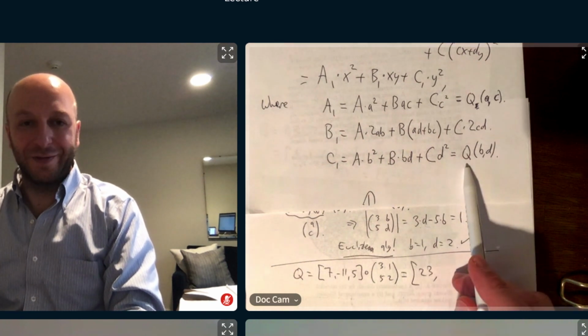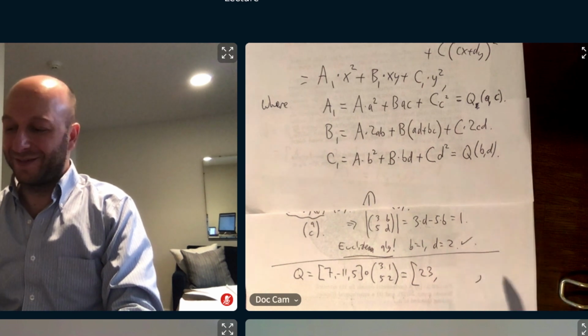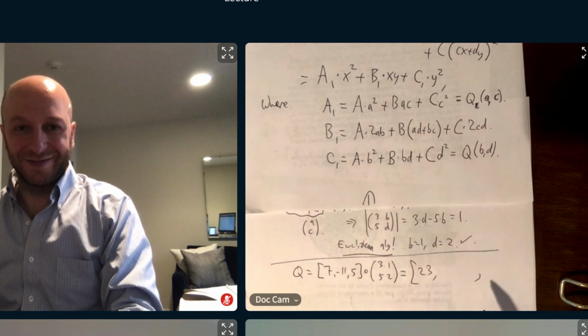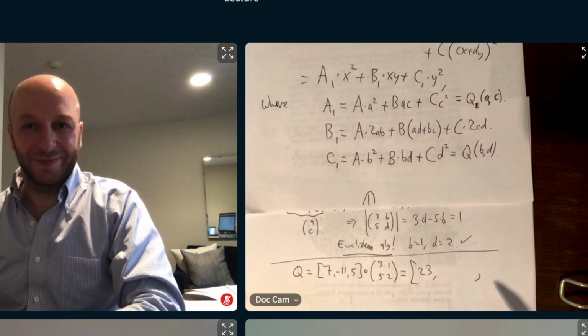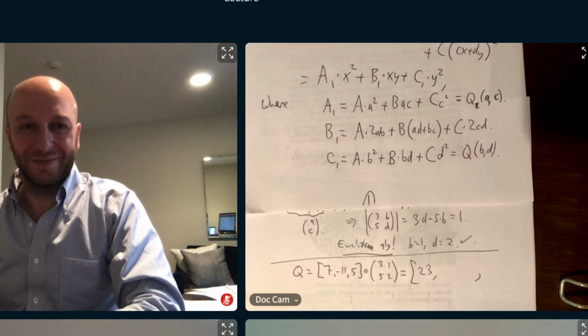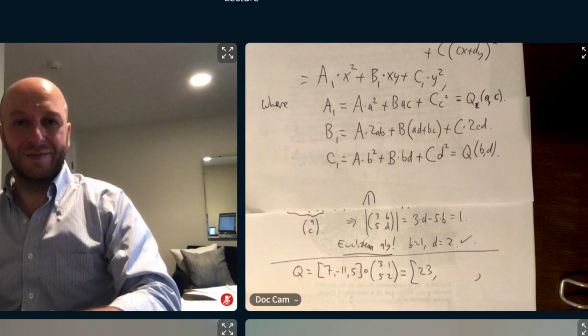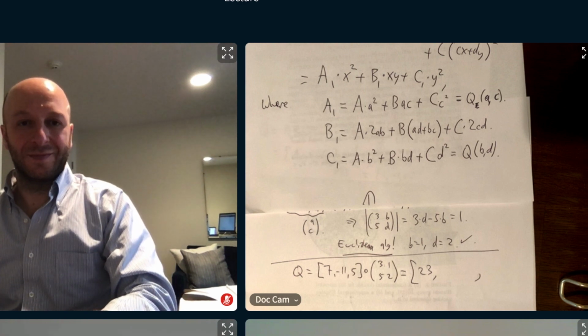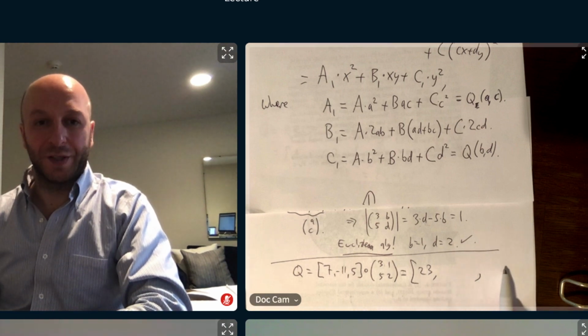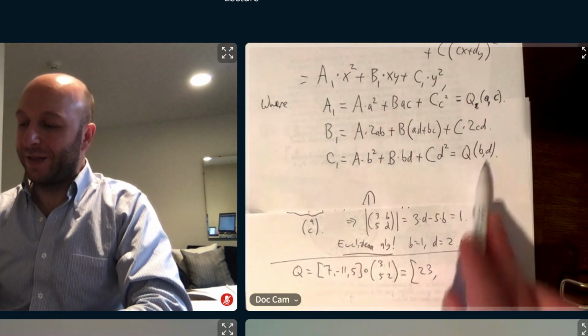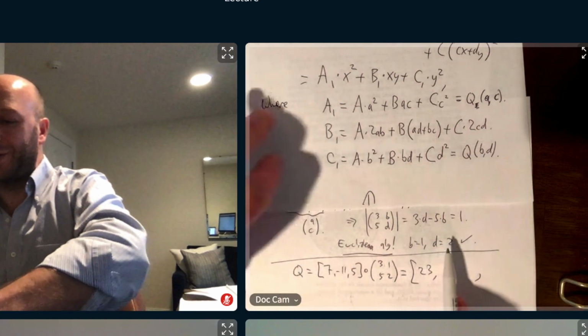C1 is Q of BD, and BD is 1, 2. Right. So what's Q of 1, 2?